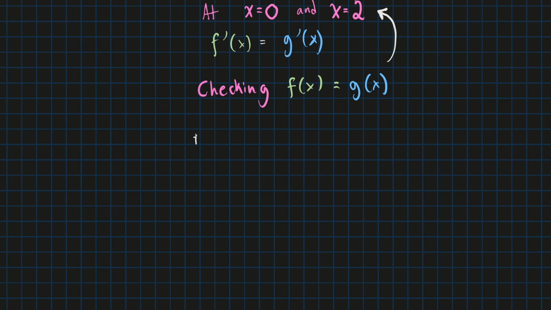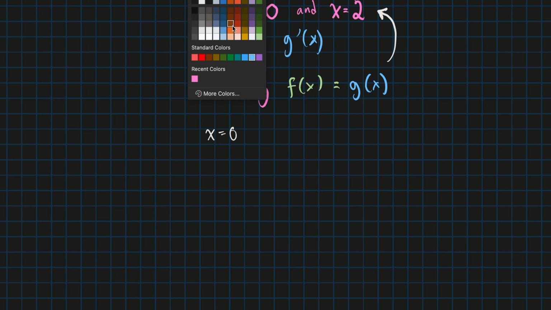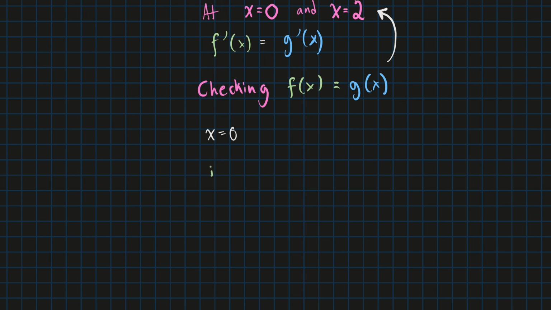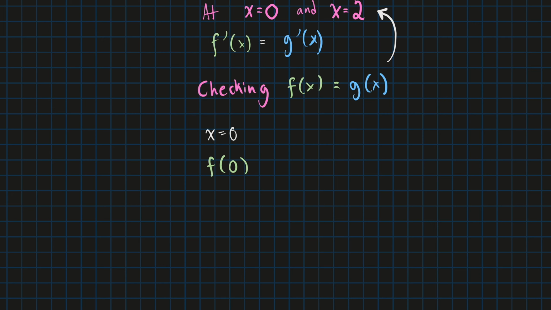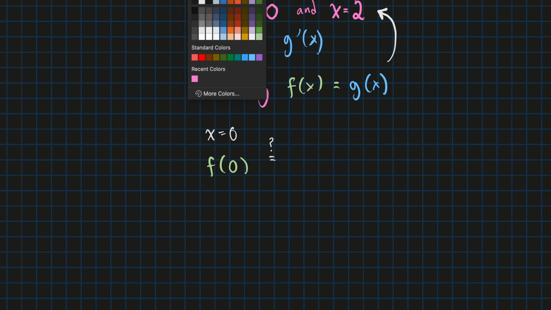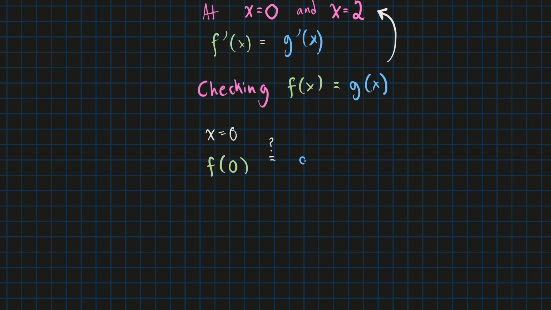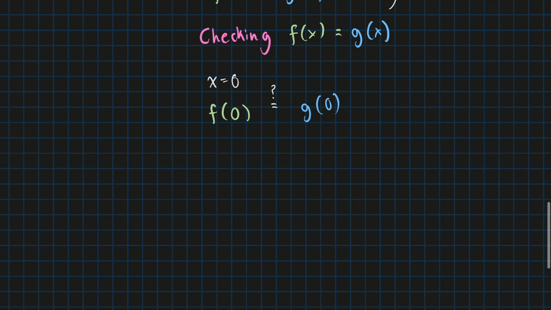So first let's check it for x equals 0. We're going to get f of 0 is equal to, I'll put a question mark up there, g of 0. So what's f of 0?